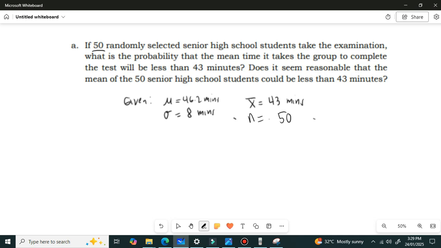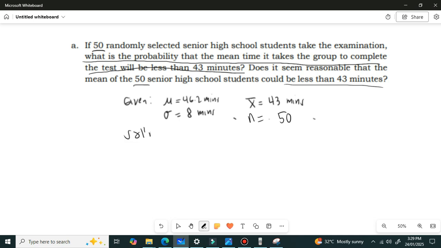So we will find the probability that the mean time it takes the group to complete the test will be less than 43 minutes. And then, does it seem reasonable that the mean of the 50 senior high school students could be less than 43 minutes? So let's find out.